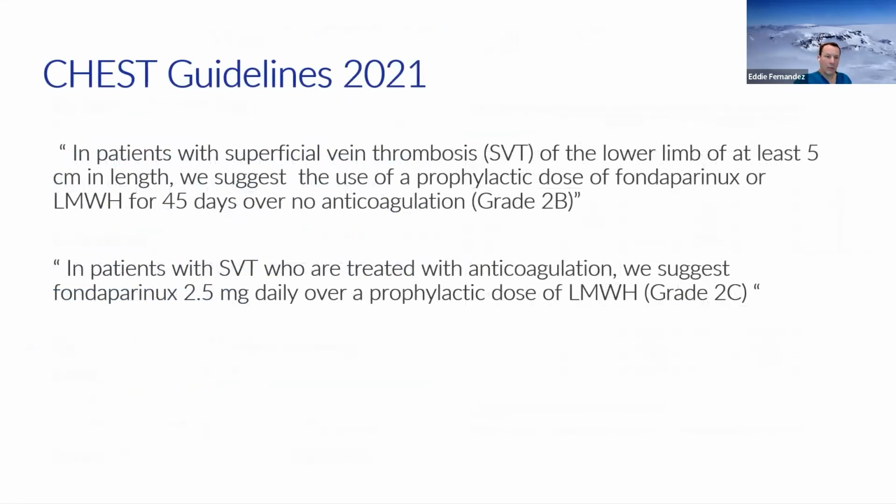So with that, then we look at what the most recent CHEST guidelines are, okay? What are they telling us? Well, based on all the studies that we have, they agree that for patients with superficial vein thrombosis of the lower limb that is at least 5 centimeters in length, they suggest the use of a prophylactic dose of fondaparinux or low molecular weight heparin for 45 days over no anticoagulation.